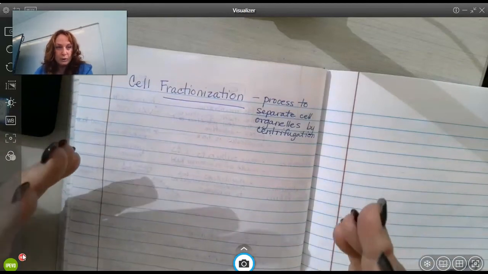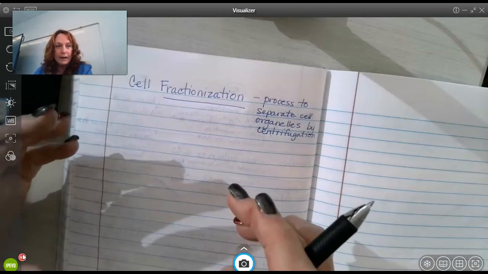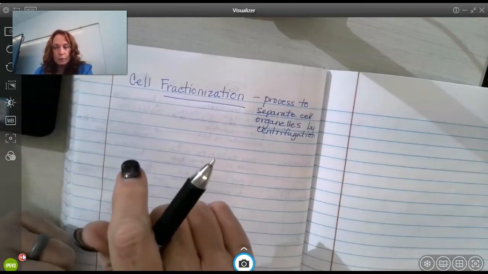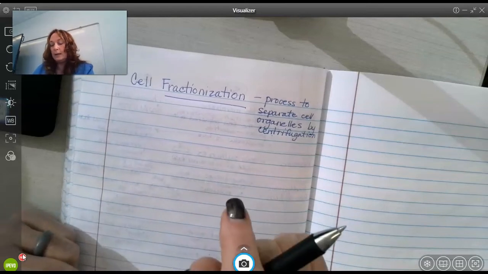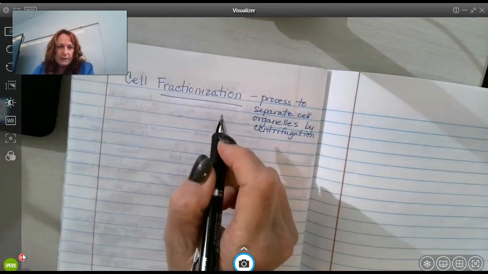It's got that much force associated with it because of the spin. Plus they get really hot from the friction of the spin, so they have to be super cooled, and that's why that big case is there, to keep them cool. They're expensive too, like you have to sign up to use them.